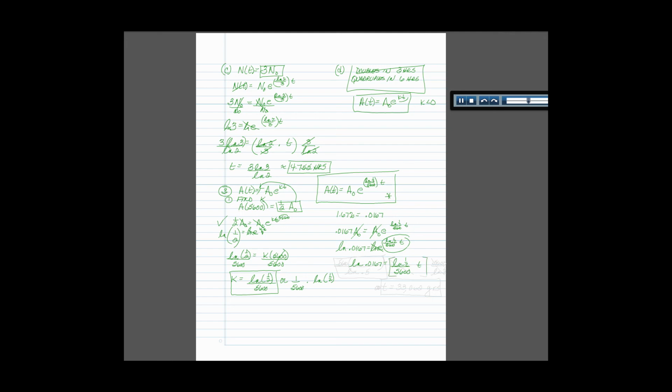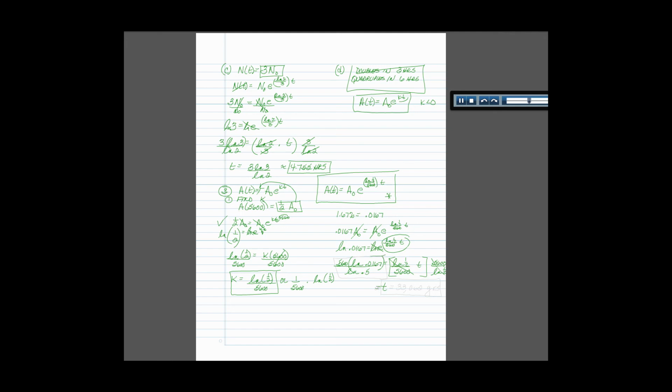To get rid of that, multiply it times its reciprocal, which is 5600 over ln of 1/2. So I have to do the same thing over here: 5600 over ln of, since this is a decimal, I'm going to write 1/2 as 0.5. And those cancel, t is equal to.